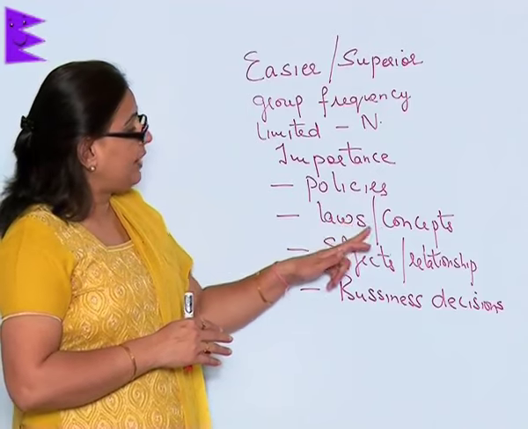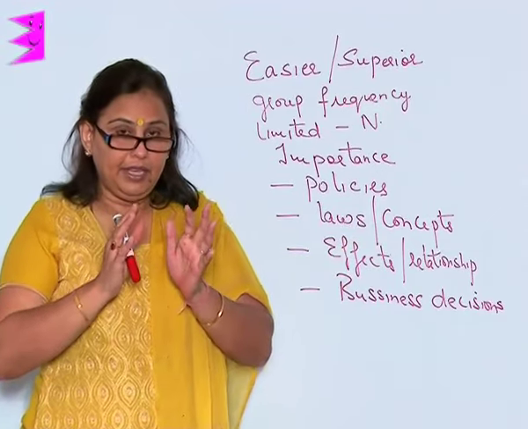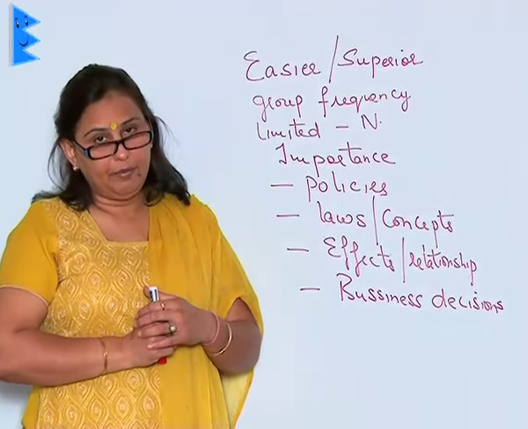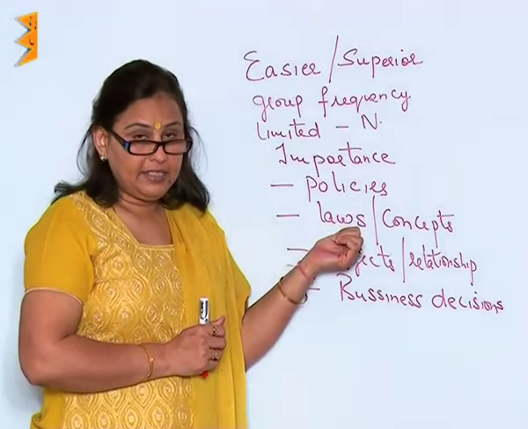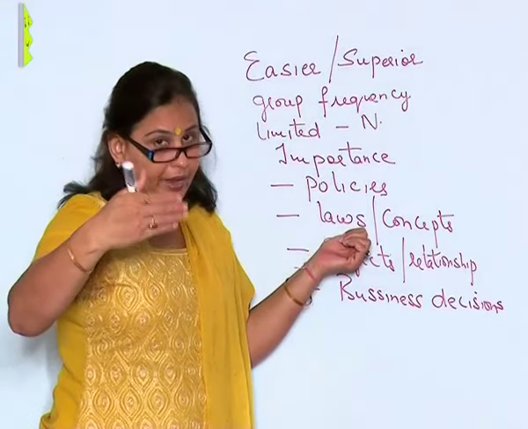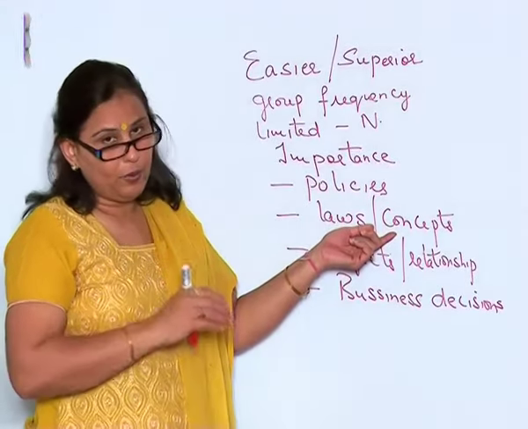Then the laws and concepts which have to be made can be easily made by finding out the correlation between variables. If the laws are stringent, is it that the policies are going to help the people or they are going to have an adverse effect on them?